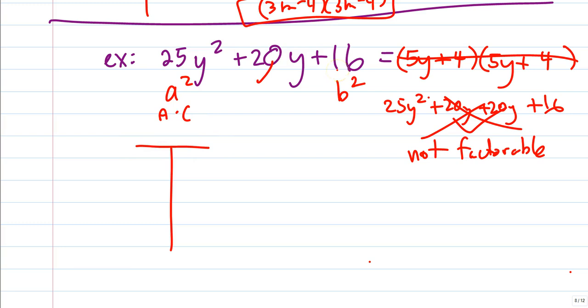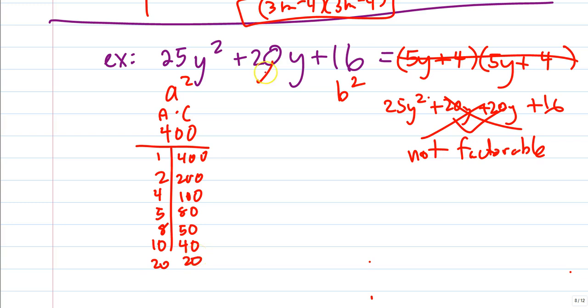25 times 16, oh my goodness, right? Would be 400. All the products of everything that multiplies to make 400. 3 doesn't go in, 4 does. 5 does. 6 does not, 7 does not, 8 does. 9 does not, 10 does. 11, 12, 13, 14, 15, 16, 17, 18, 19.